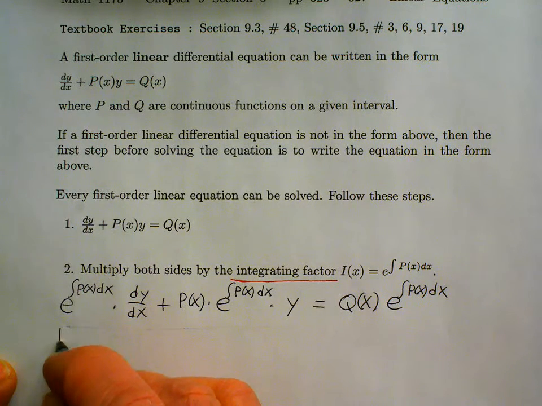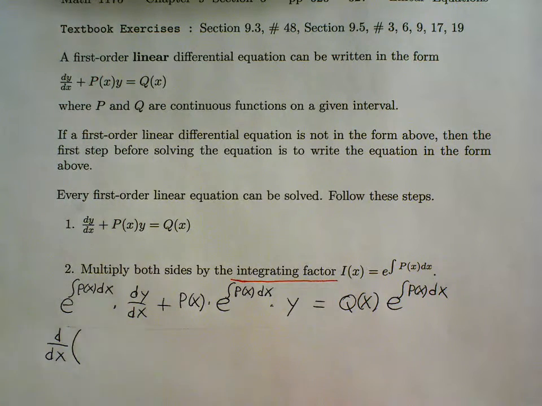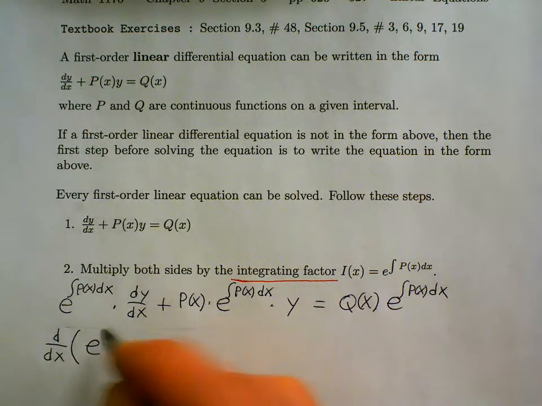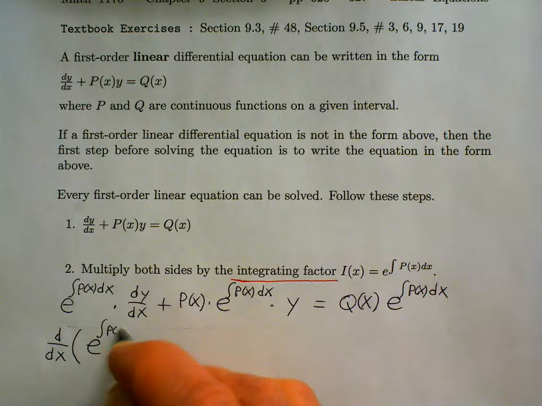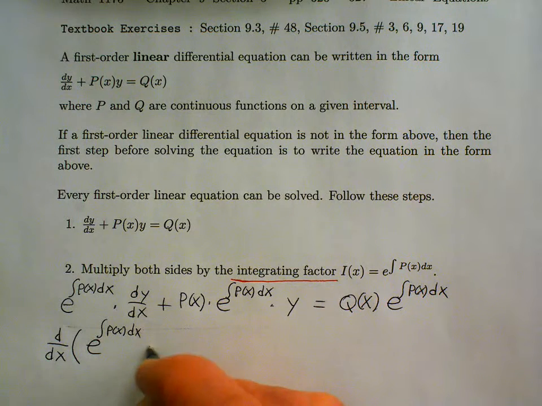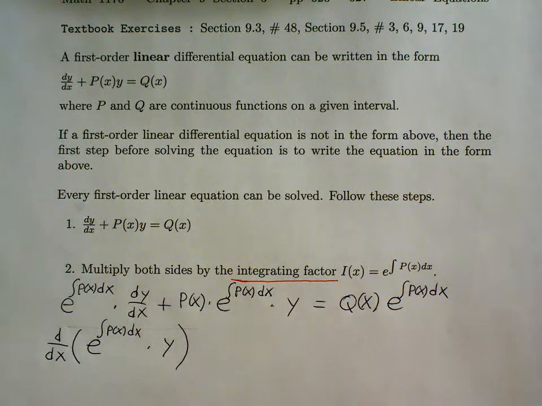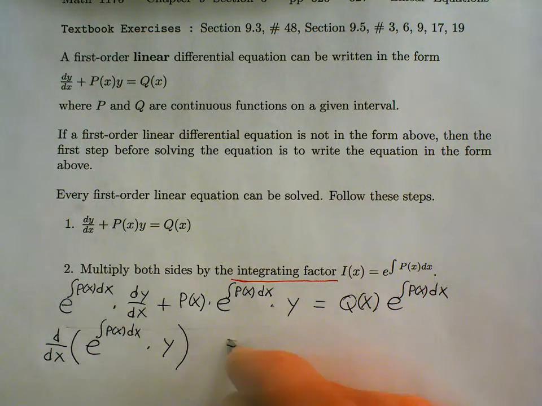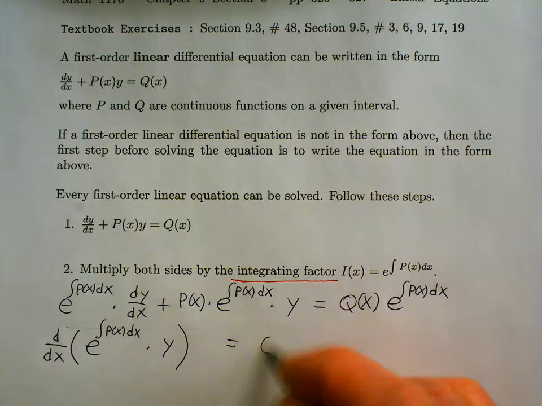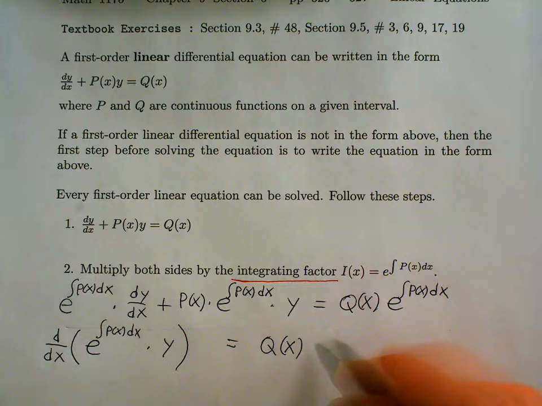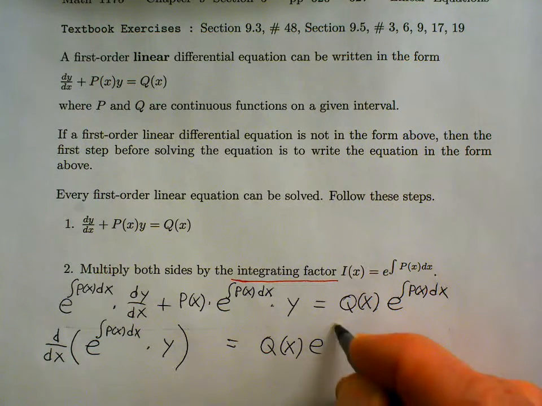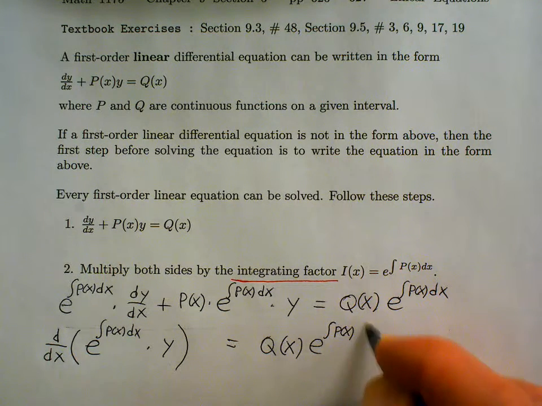If we compute the derivative with respect to x of the product e to the integral of p of x dx times y, where y is a function of x, we get the expression that's above it. And on the right-hand side, we still have q of x times e to the integral of p of x dx.